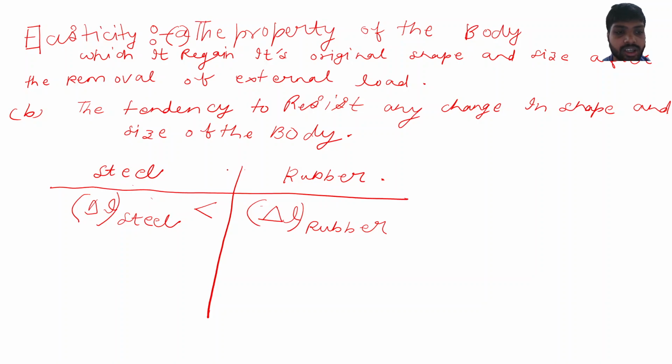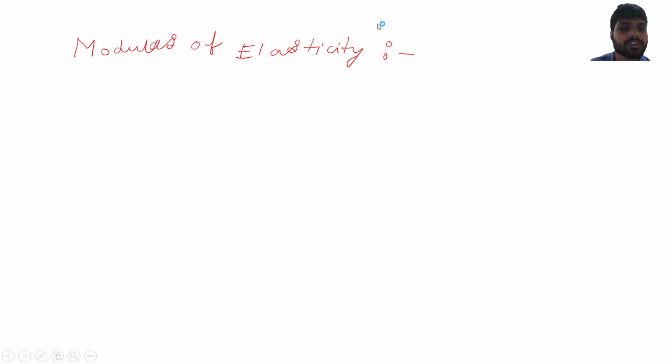So now we can understand another thing through which we can clearly understand why steel is more elastic than rubber. Modulus of elasticity will help us understand this. Modulus of elasticity is the ratio of the stress to strain on a body.